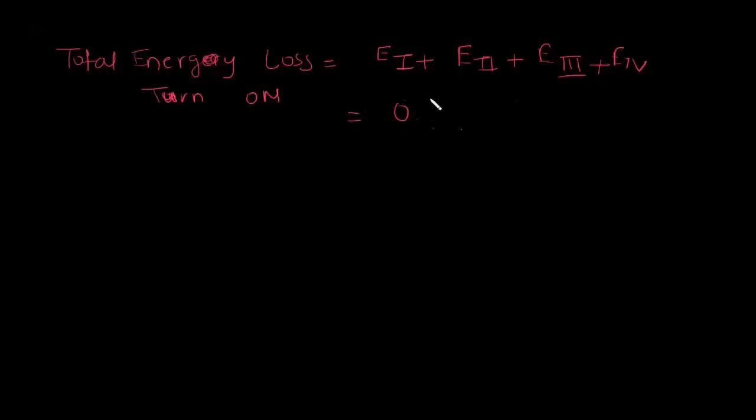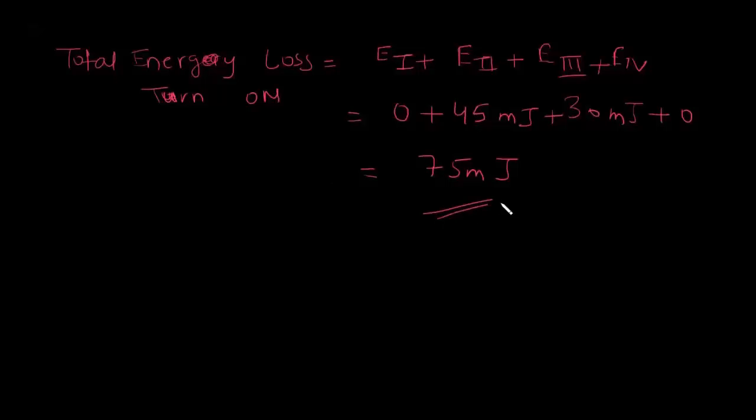We found that the energy dissipated during the first interval was 0. In the second interval 45 millijoules, third interval 30 millijoules, and in the fourth interval 0. So the total energy loss in turn on transition is 75 millijoules. So this is the answer for this question.